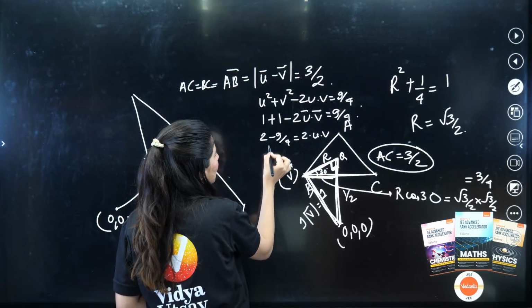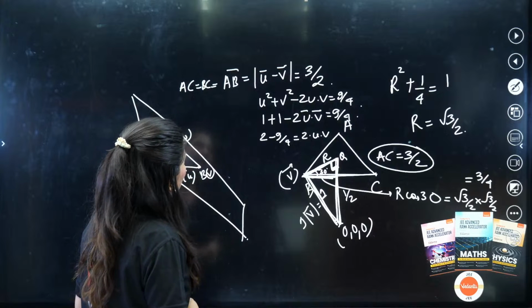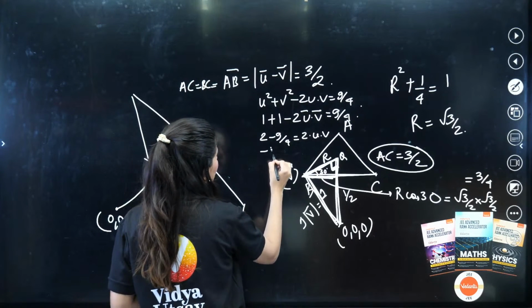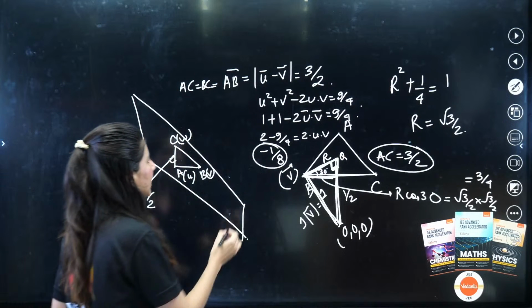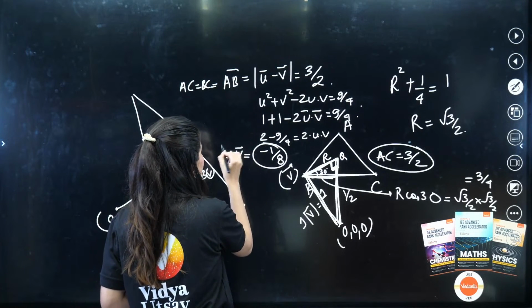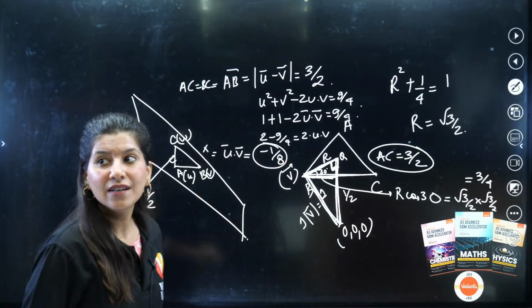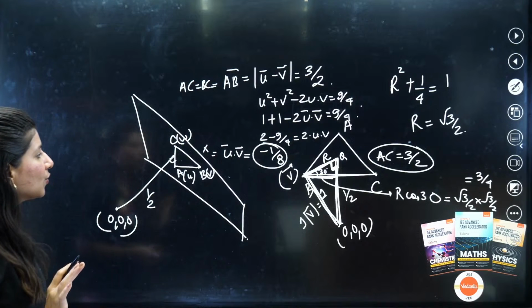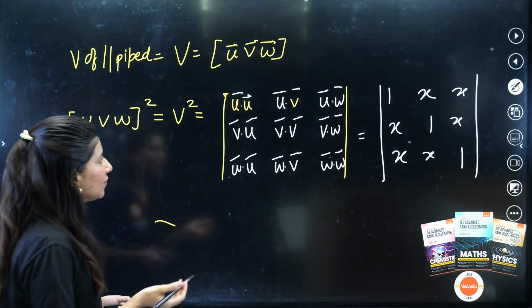So minus 1 by 8 is the value of u dot v, which is the value of x, and finally you have got the value of x. You are done. Now you can just go back and put the value of x.